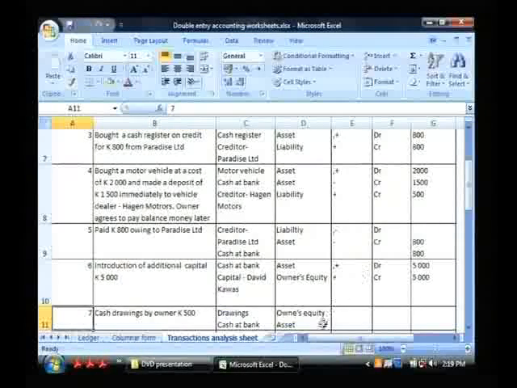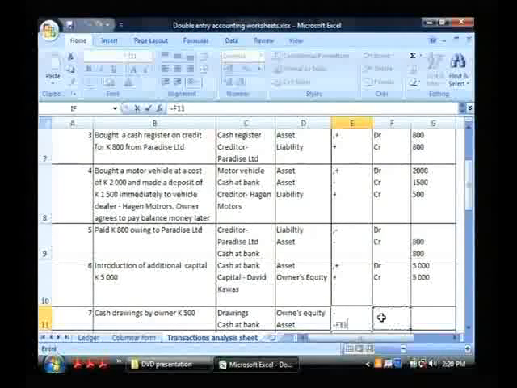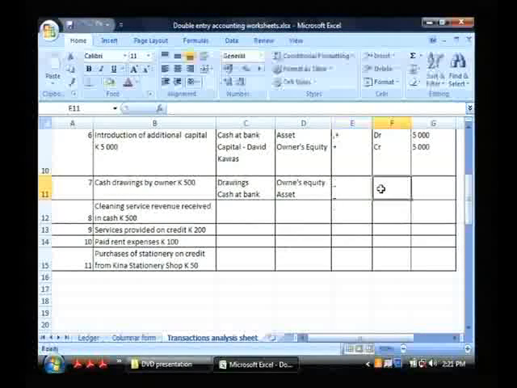So owner's equity reduce, meaning minus, and cash at bank also minus. Two minuses.